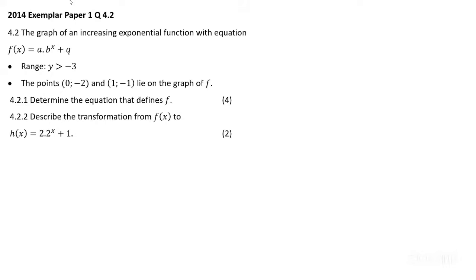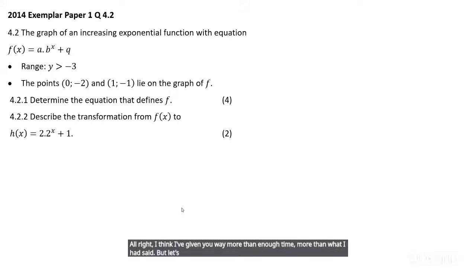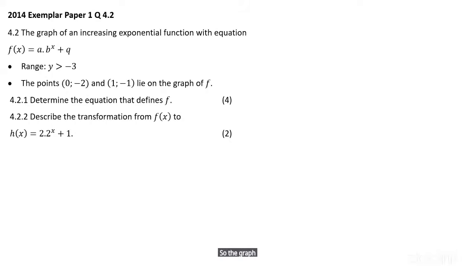All right, I think I've given you way more than enough time, more than what I had said, but let's see together how this works. The graph of an increasing, and that's key, increasing exponential function with the equation f of x is equal to a times b to the power x plus q has the following properties.